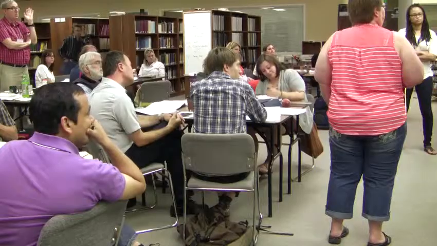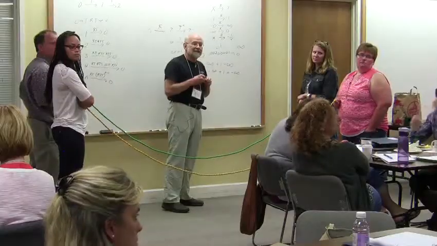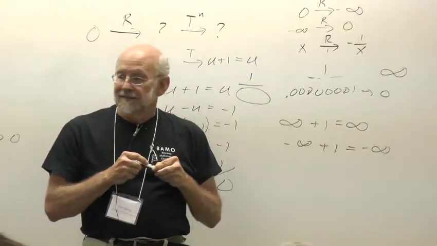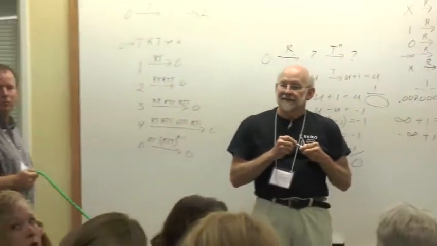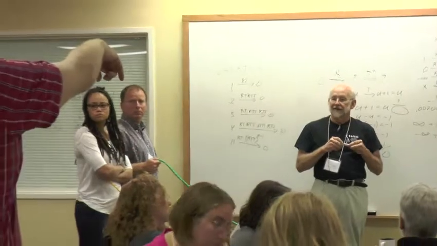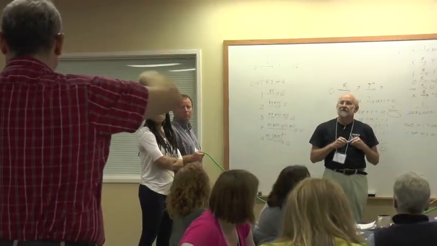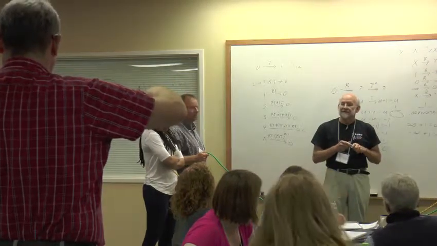Okay, I think I know the answer to this, but I want to make sure. Right now, this is 0 here, right? Yes. And the green is in back and the yellow's in front. Now, if we had the yellow in back and the green in front, I would still consider that 0. Yes.